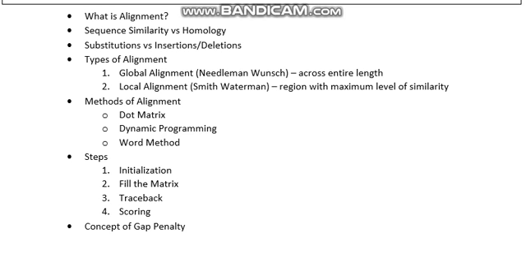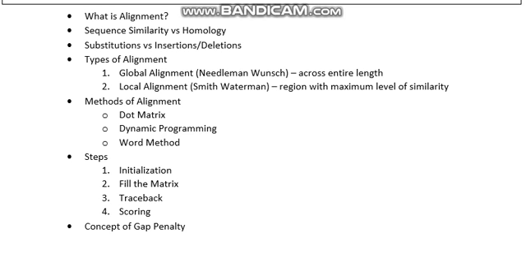In the case of the Smith-Waterman alignment, or the local alignment, we get the best match. We get the region with the maximum level of similarity, and this can be done with different sequences. They don't necessarily have to be closely related.